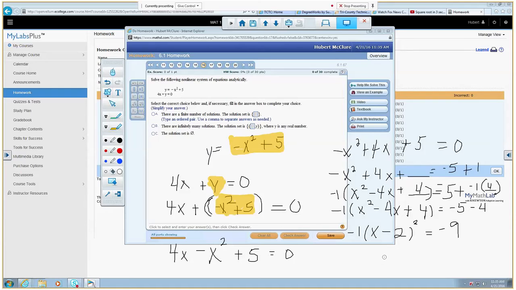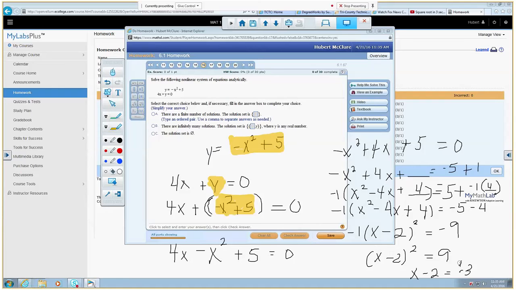So x minus 2, quantity squared, is equal to what? Positive 9. Take the square root of both sides. Get x minus 2 is equal to positive or negative what? Positive or negative 3, Hubert. That's right, class.